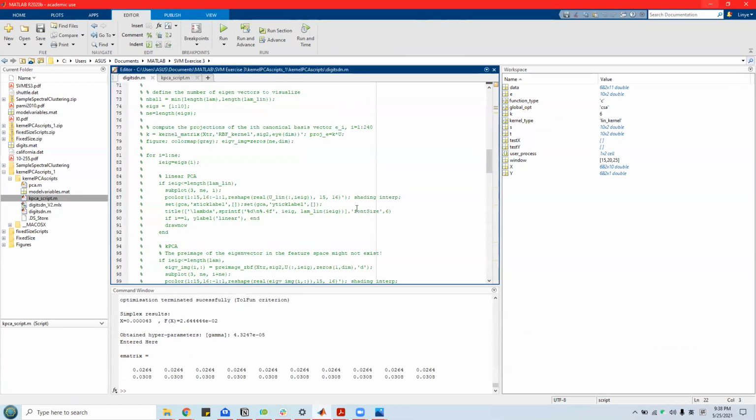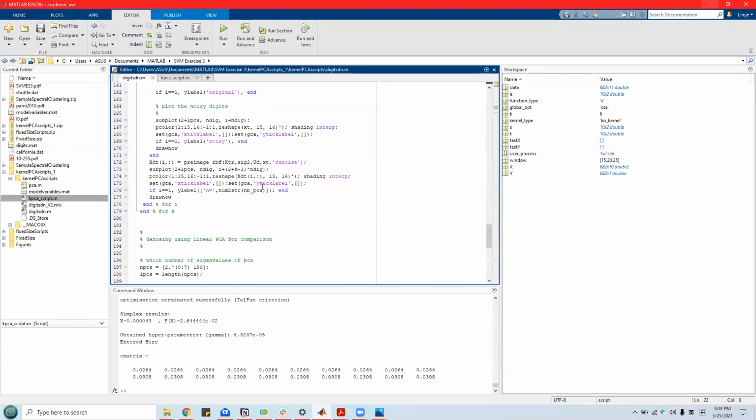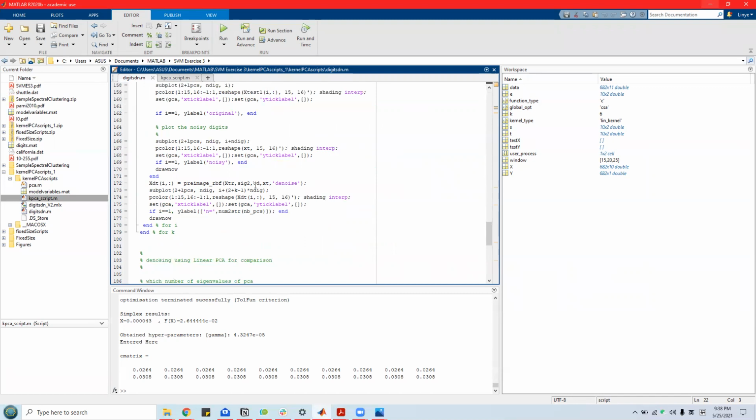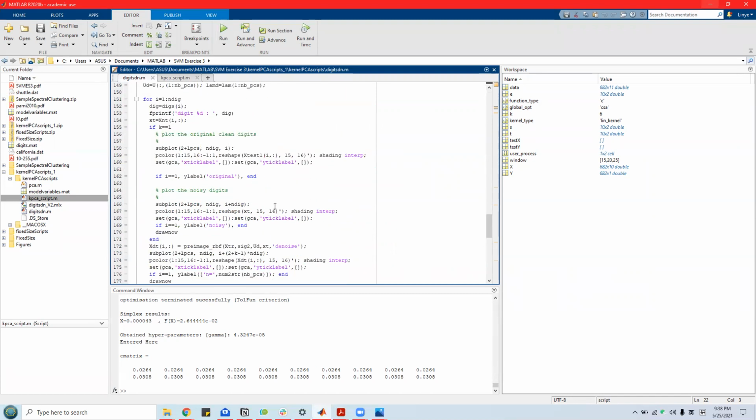There's a function, the pre-image RBF, and they put the train, sigma 2, UD, which I think are the eigenvalues and eigenvectors. And then you just put X train, X test. This is the matrix of individual images, and they just put something like this. So I'm not sure why. That's kind of strange, I would say.